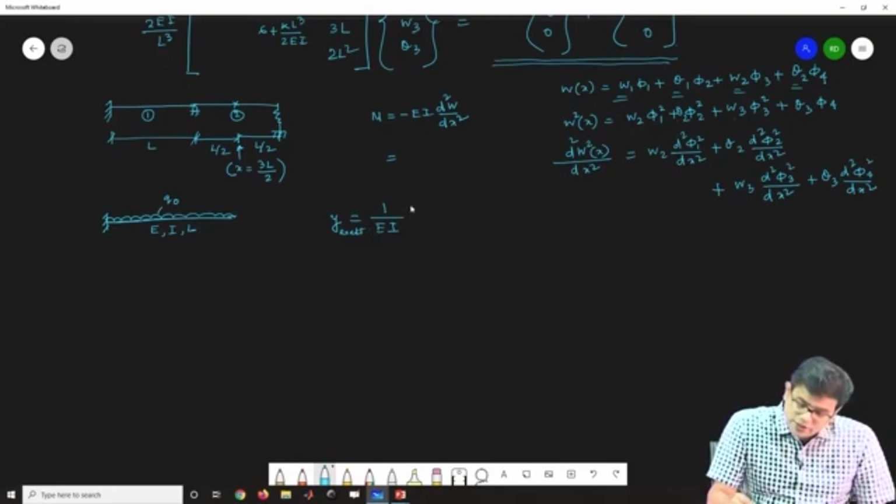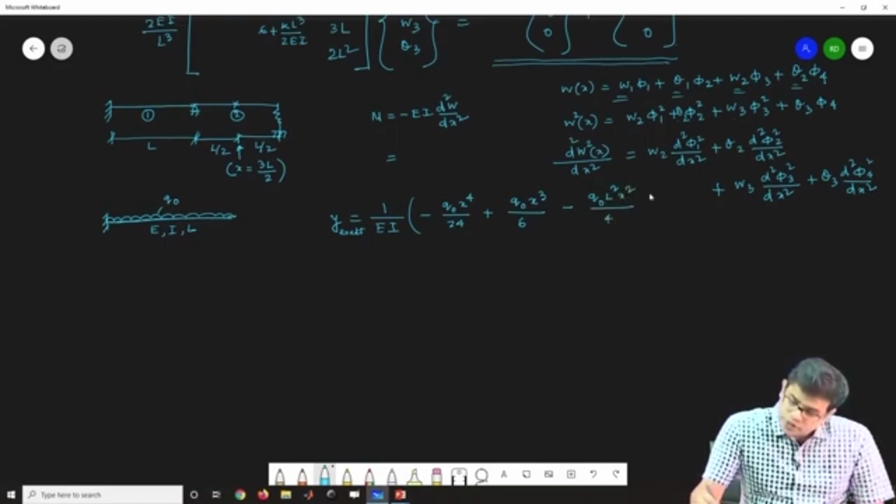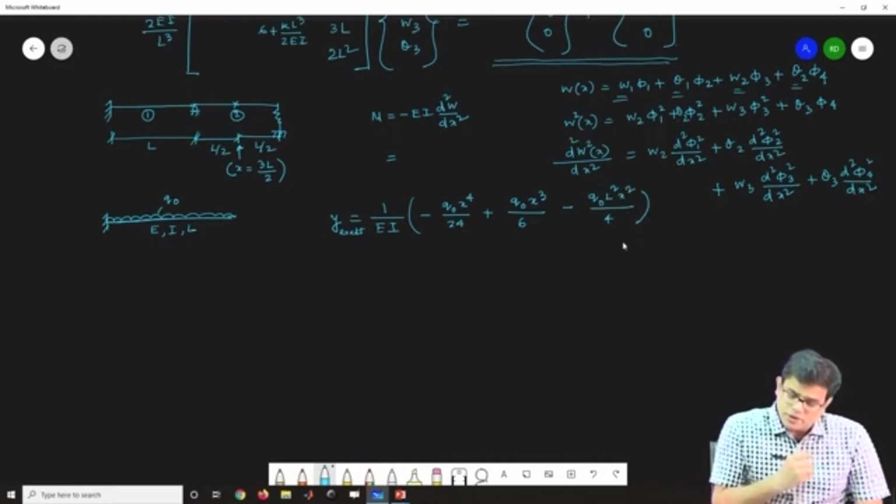So here that is minus q0 x to the power 4 by 24 plus q0 x cube by 6, then q0 L square x square by 4. So this is your exact solution.